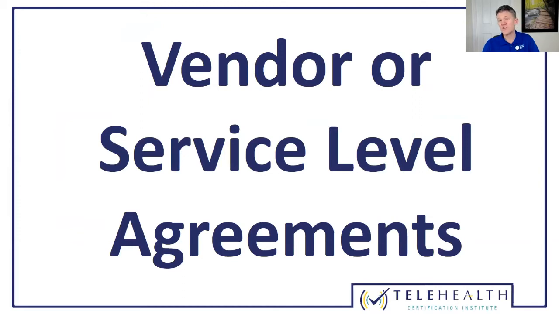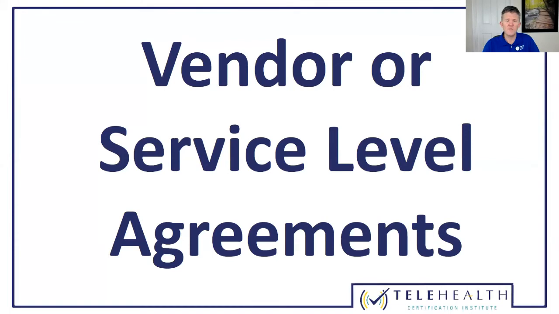After you select a technology vendor, then you want to really consider that vendor service level agreement. That's your contract with that vendor. It depends upon the size of your organization, the scope, et cetera, in terms of how much you want to look into this.